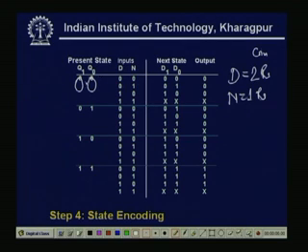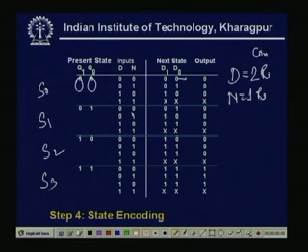If the present state is 00 and no coin has been deposited, it remains in the same state and the output is 0. If it is 01, meaning only a 1 rupee coin is there, the next state is 01. This is my S0, 01 is S1, this is S2 and this is S3. So it goes to S1, S1 meaning only a 1 rupee coin state.